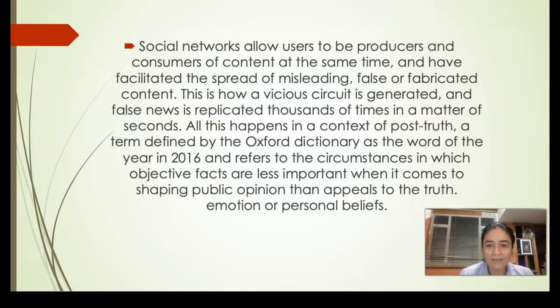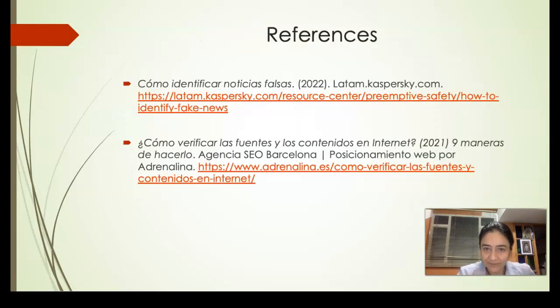All this happens in a context of post-truth, a term defined by the Oxford Dictionary as the word of the year 2016, which refers to the circumstance in which objective facts are less important when it comes to shaping public opinion than appeals to emotion or personal belief.